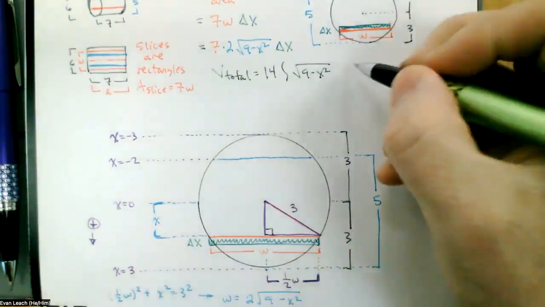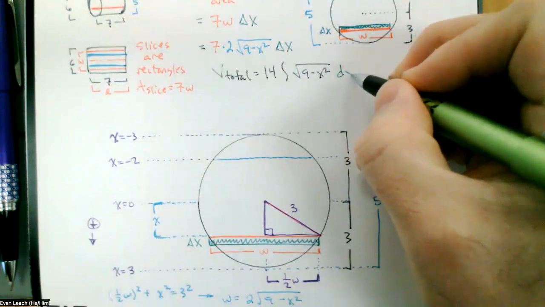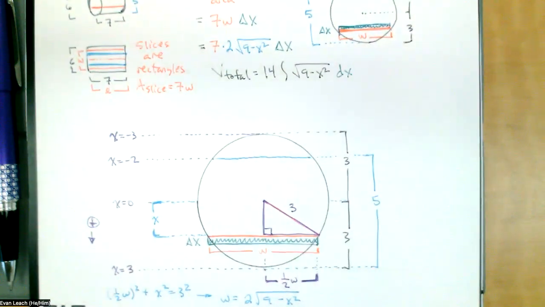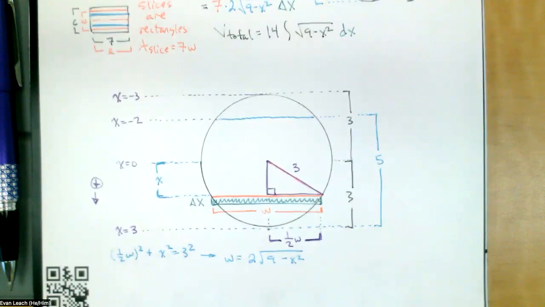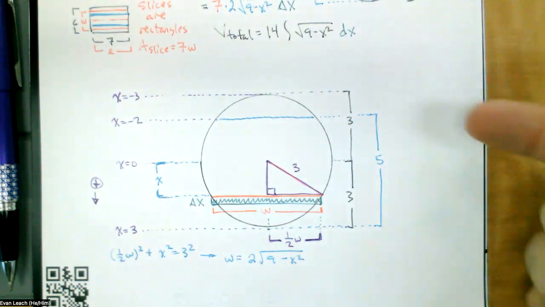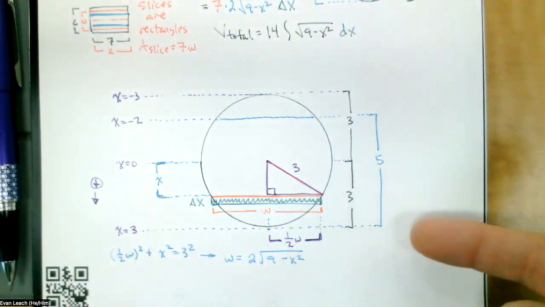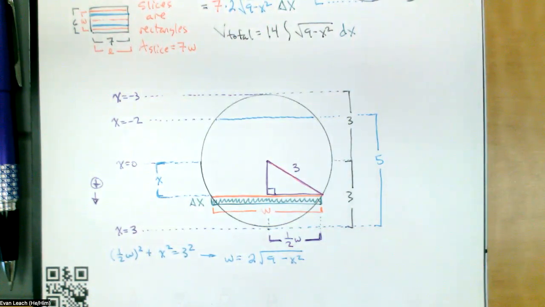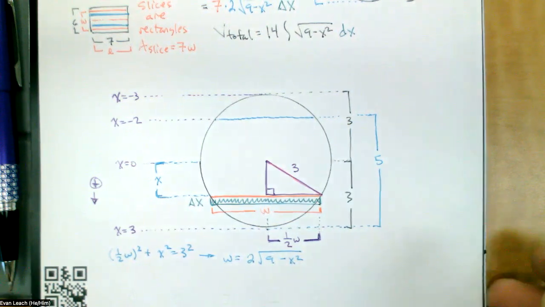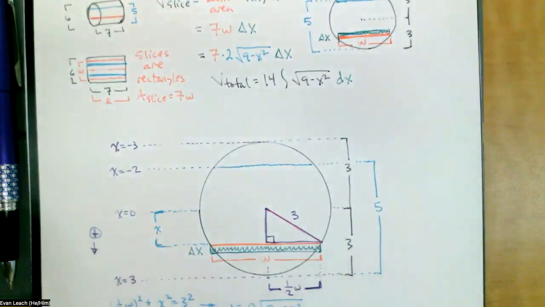And we're going to integrate everywhere there's a slice of water. Now, if we look at the diagram, with x defined the way we have it, the water starts at -2 and ends at 3. So the 5 feet of water, where the depth of the water shows up, means we're going to go from -2 up to 3.